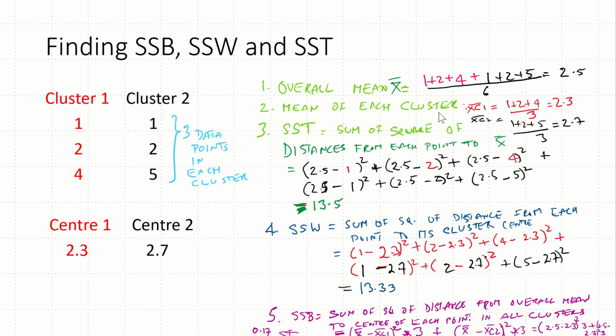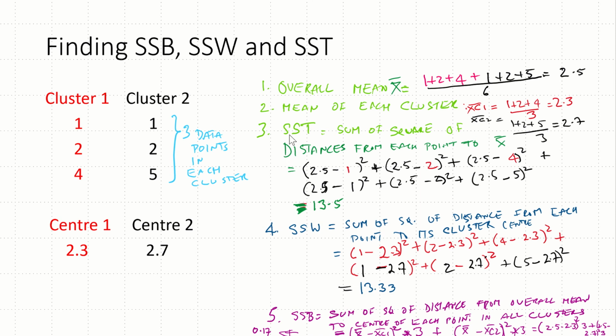However, the mean of each cluster, represented as xc1 bar and xc2 bar, is 1 plus 2 plus 4 divided by 3, which equals 2.3 for xc1 bar, and 1 plus 2 plus 5 divided by 3, which equals 2.7 for cluster 2.